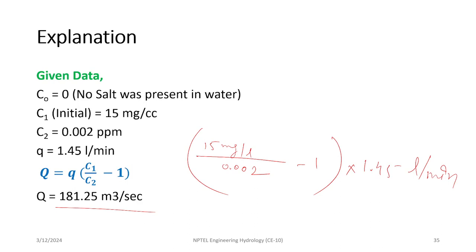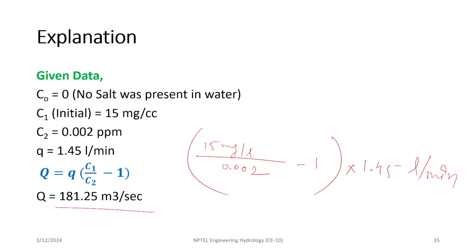C1 is 1.45 by C2, into Q. Okay. It's correct. We are getting the same.